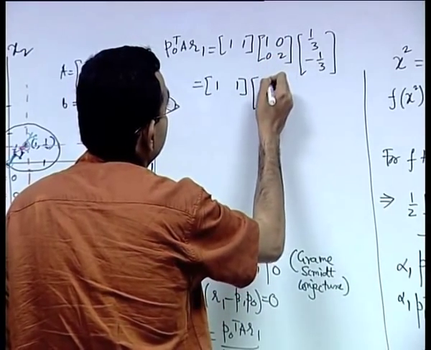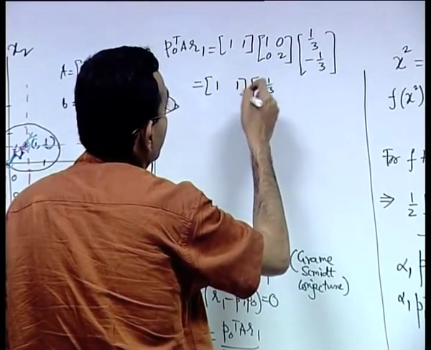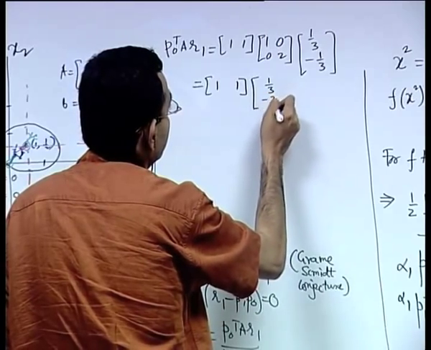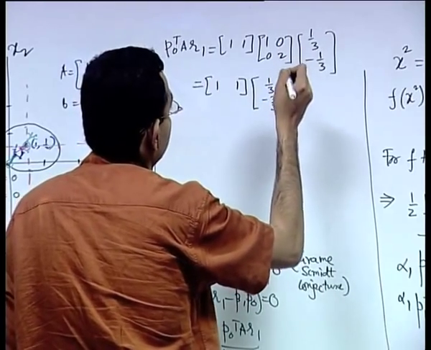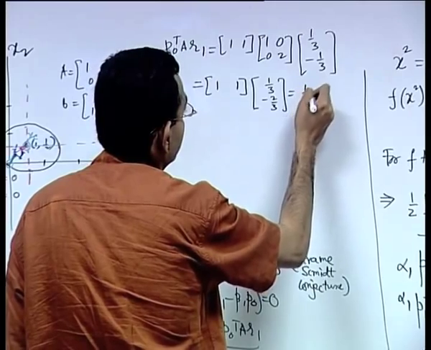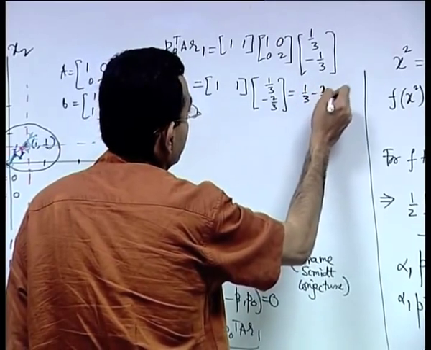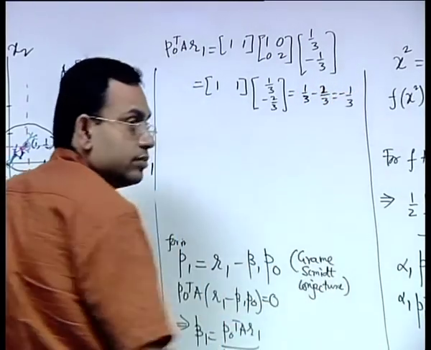This is 1/3 minus 2/3. So this becomes 1/3 minus 2/3, which is minus 1/3.